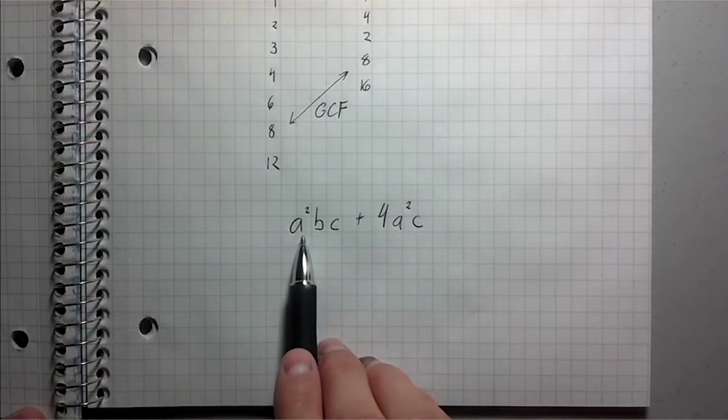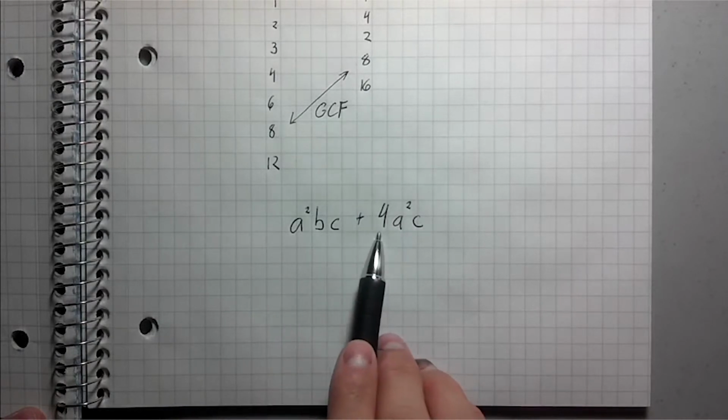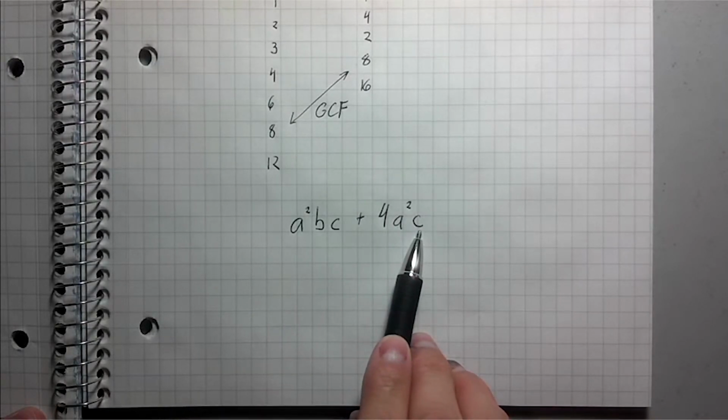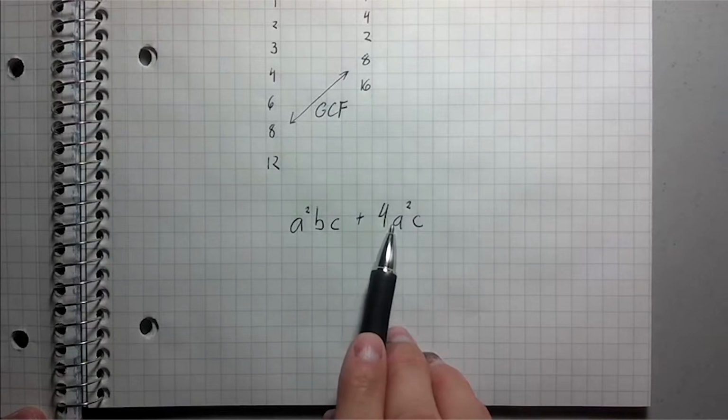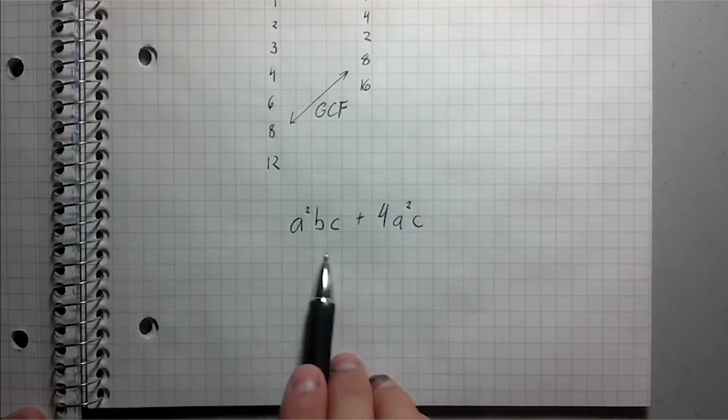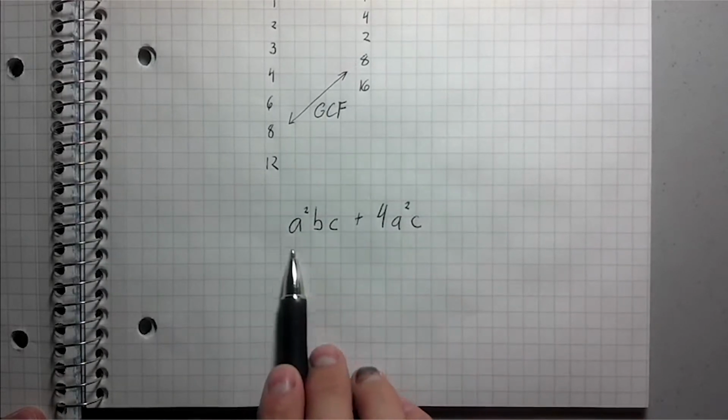So namely, you're just going to look at these two terms. Here's a term and here's a term, and you're going to ask yourself, what is the largest piece that I can pull out from both of them? So see how this has an a squared, a b, and a c? This has a 4, an a squared, and a c. So really, you're just asking yourself, what do these two things have in common?